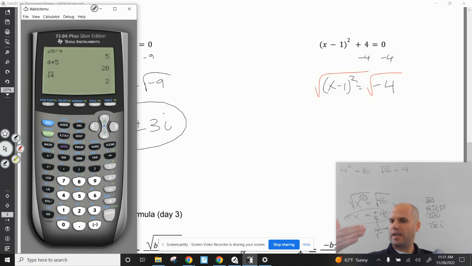You can't plug in negative 4 into your calculator. Calculator says, nope, not going to do it. But the square root of positive 4 is 2. So this is going to be root 4, root negative 1. It's almost like pull out the negative 1. Simplify this. This is just 2i. We get x minus 1 because the square and the square root goes away. The parentheses are gone. Now remember, you're solving an equation using a square root. You need a plus or minus.